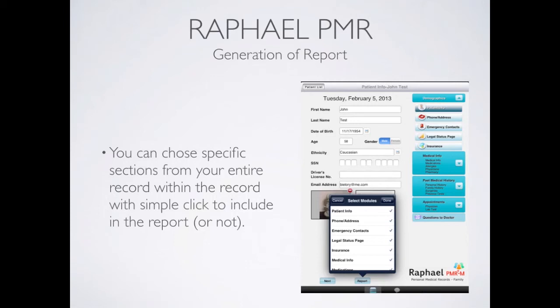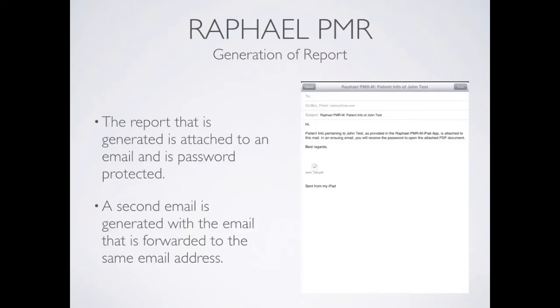We can check the pieces of the screen that we wish to send to the doctor or the healthcare provider. This will then generate a report attached to the email, and a secondary email with the password will be generated automatically and sent to the emailee.